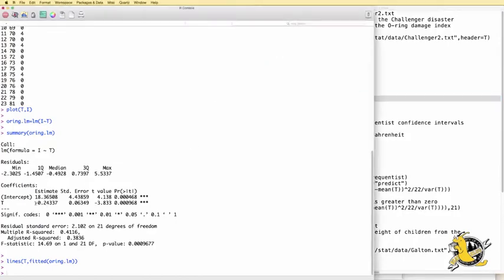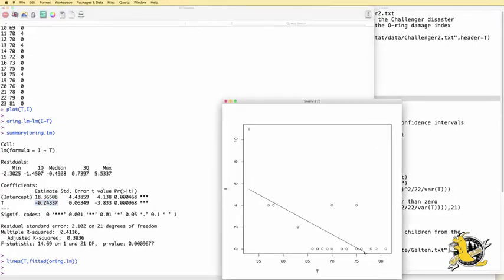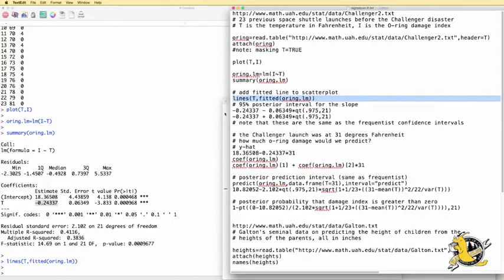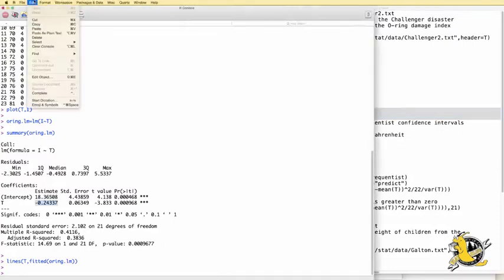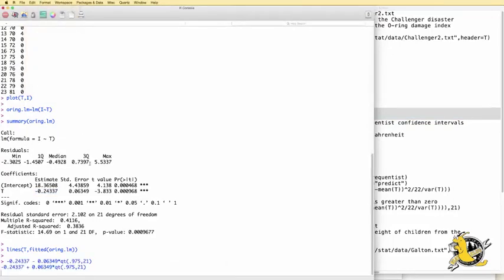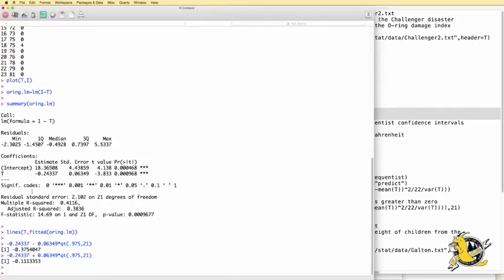Our slope estimate is minus 0.24. So roughly, for every 4 degrees the temperature gets colder, we see a 1 unit increase in damage. We could look at a 95% posterior probability interval for the slope. Here I'm taking the fitted value for the slope, and the marginal posterior distribution is a t-distribution with 21 degrees of freedom, and it has the scaling factor of the standard error of the coefficient, 0.06349.